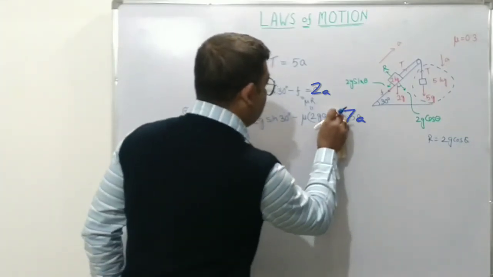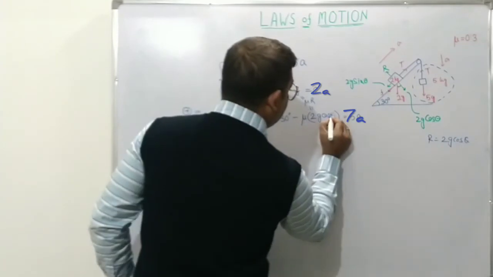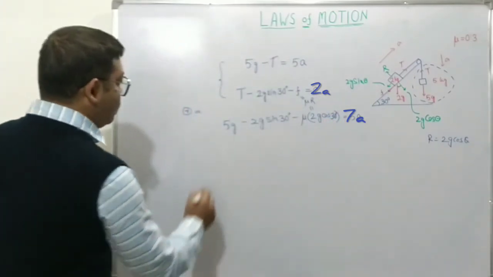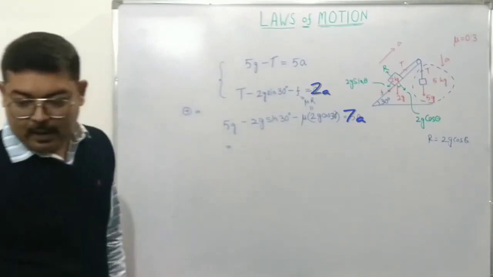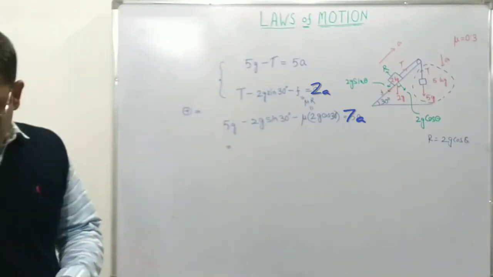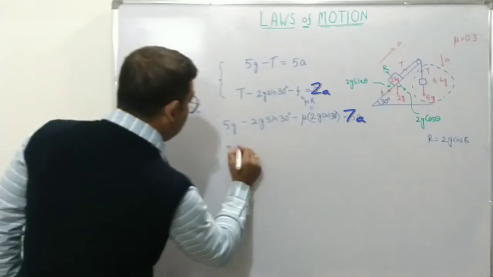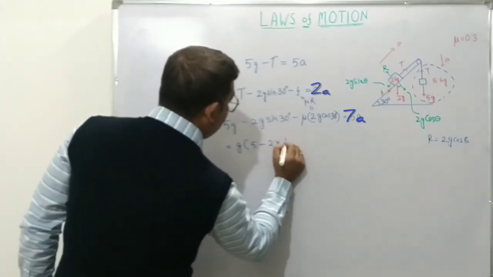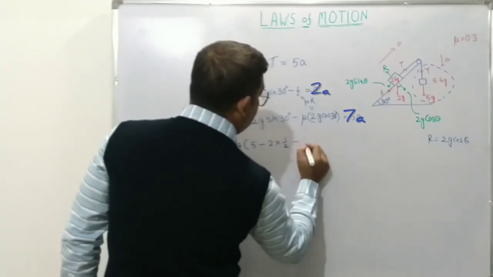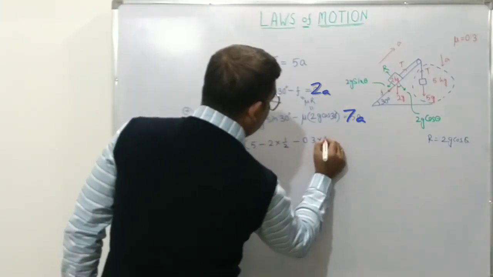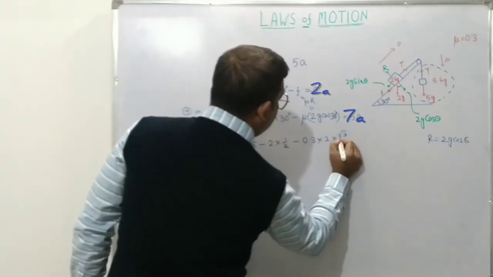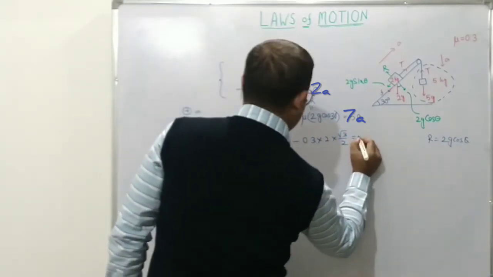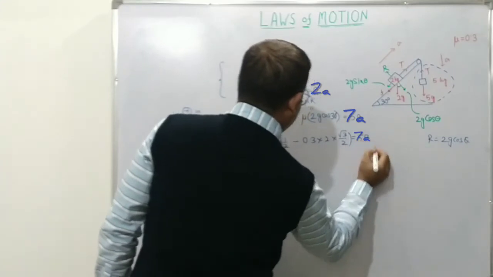Theta is 30 degrees. Substitute the values and solve. That is to say, we can take g common here: g into 5 minus 2 into half minus mu, which is 0.3, into 2 into root 3 by 2, must be equal to 7a.